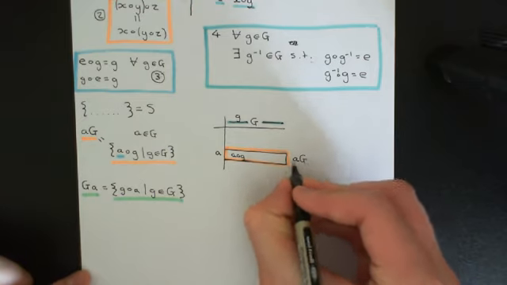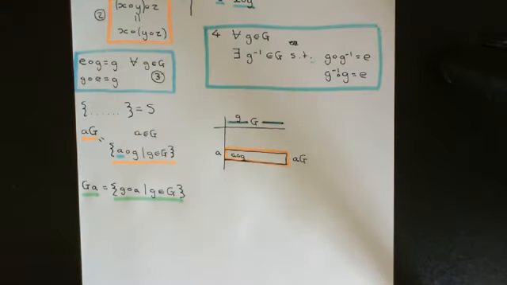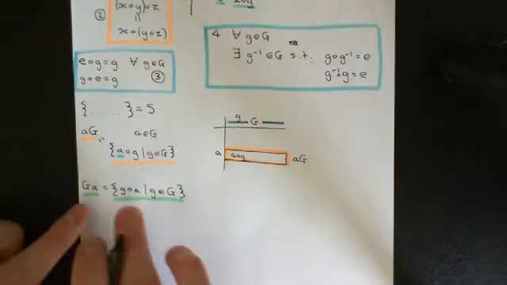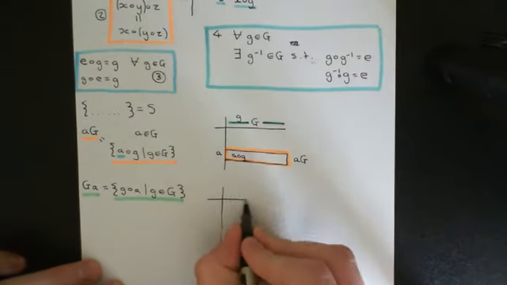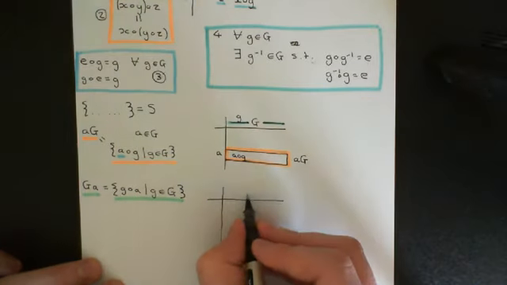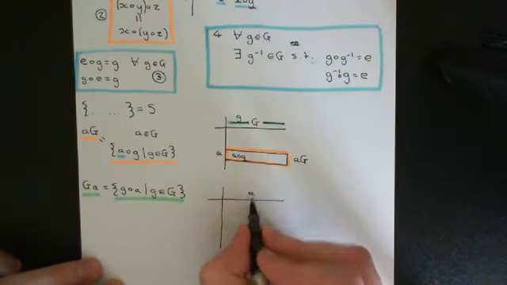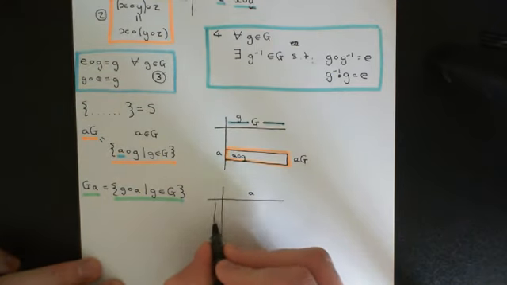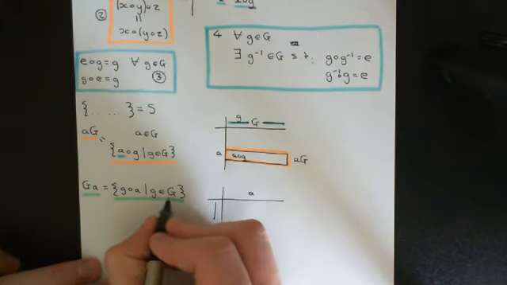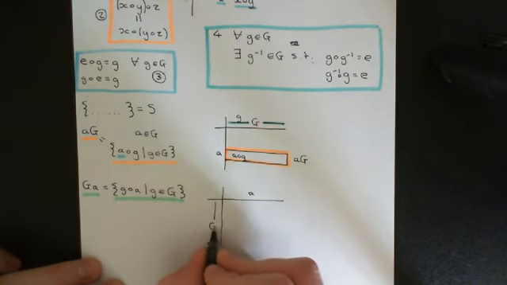This orange row here was AG. Now if this was a row you might be able to guess what this is going to be, so let me draw out the composition table again. This time we're right multiplying by little a, so we'll need the column dedicated to little a here. Once again, every element of the group, every little g, has a row dedicated to it this time.